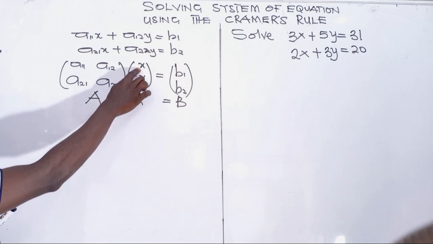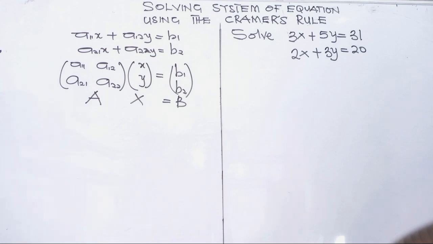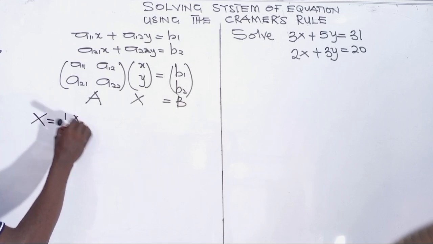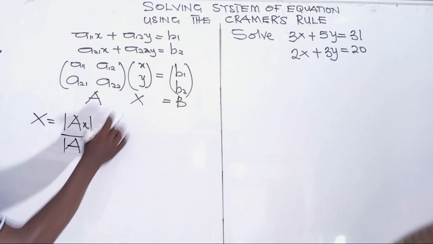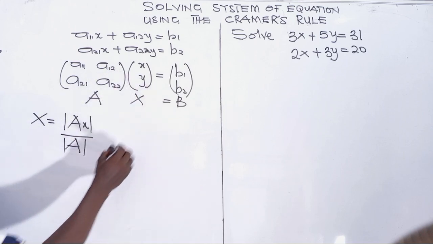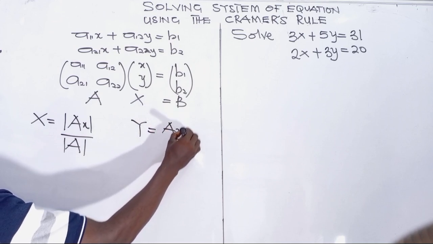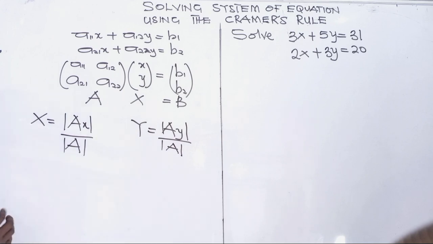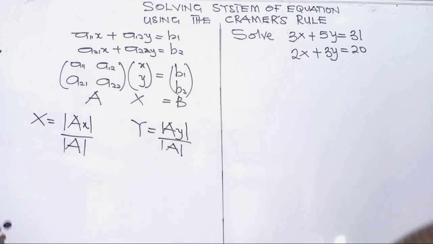So we want to solve for the variables x and y using Cramer's rule. In doing that, the variable x is given by the determinant of Ax over the determinant of A, and the variable y is obtained by finding the determinant of Ay over the determinant of A. Let me explain what this means.